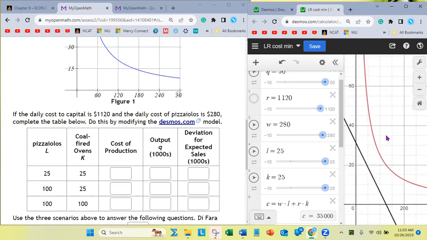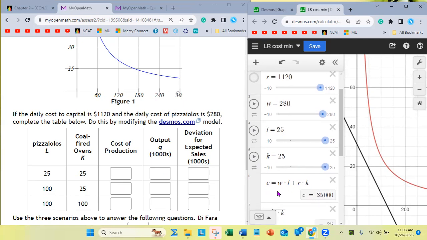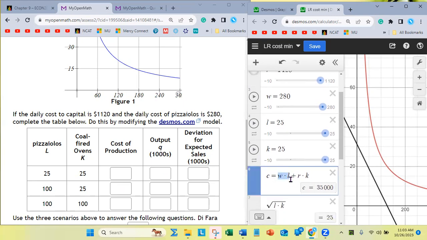Let me zoom in a little bit. Okay. So down here, this is W times L, my wage bill. L is the number of pizza chefs, and W is the wage we pay them per day.